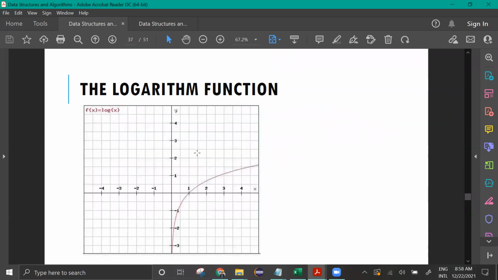So usually the log function goes like this.